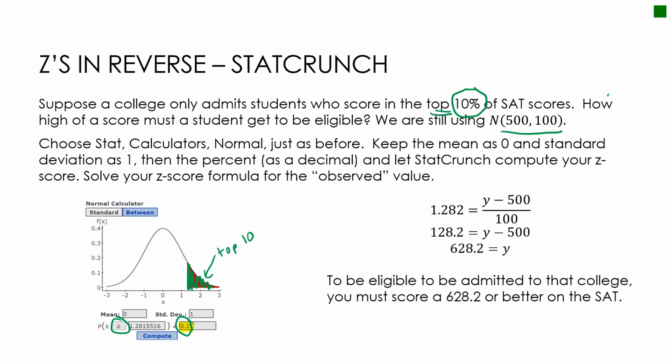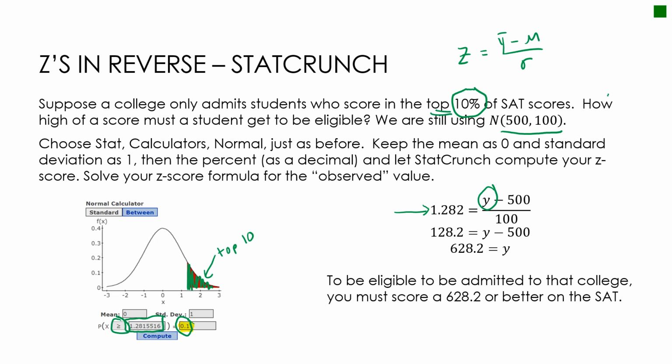Because I want to use the z-score 1.282 as my z-score, and I'm still using my z-score formula that says observed minus expected over standard deviation, but this time we're solving for the observed value.